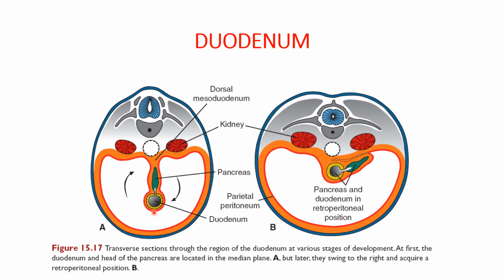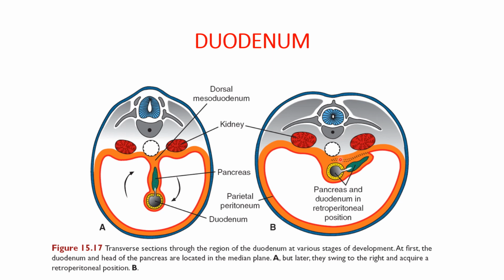With the rotation of the stomach, the duodenum is also rotating to the right side. One more influence on the duodenum is because of the pancreas which is developing. Because of the growth of the pancreas, both the duodenum and the pancreas press against the dorsal body wall.